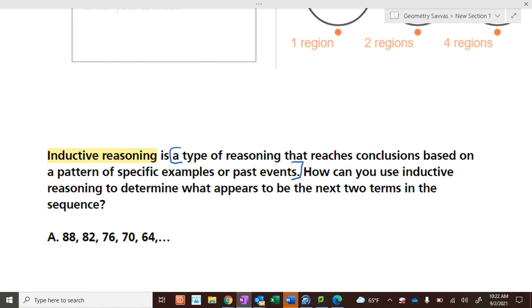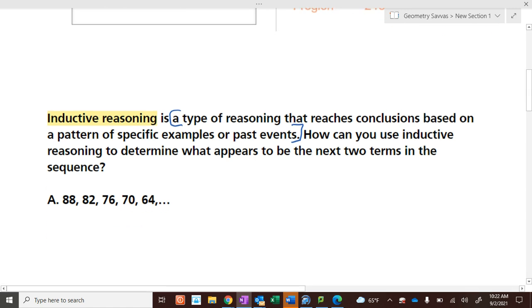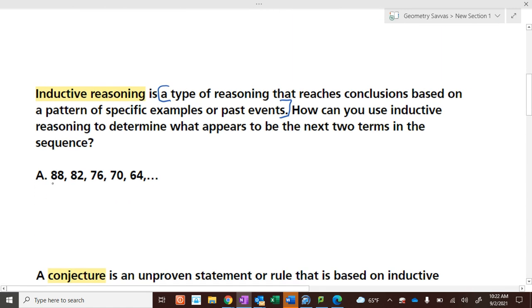Okay, so inductive reasoning. You look at a pattern and you see what's next. So let's look at this example.